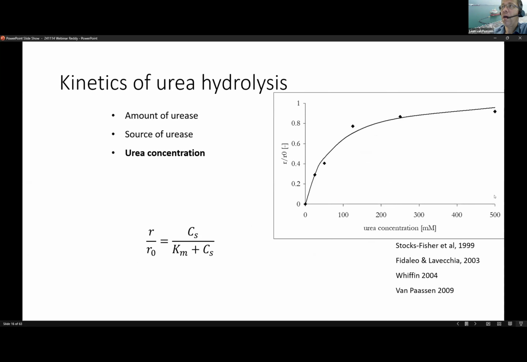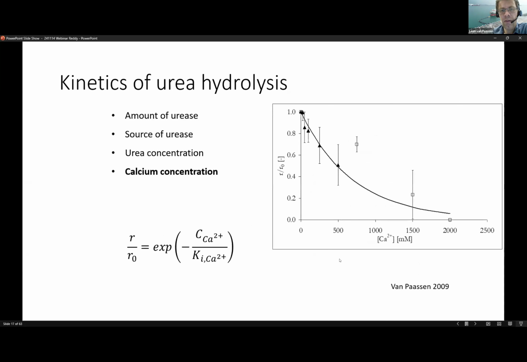Then, depending on the amount of substrates, typically if you have urea in the system and you add urease, at high urea concentrations there's sufficient substrate available, so the reaction reaches a maximum rate. But if urea starts to deplete, then the concentration of urea starts to go down, and the reaction rate also goes down. Then, if you have calcium in the system and you add too much calcium, the reaction rate may also go down, because typically bacteria, but also the enzymes, do not like very high salt concentrations.